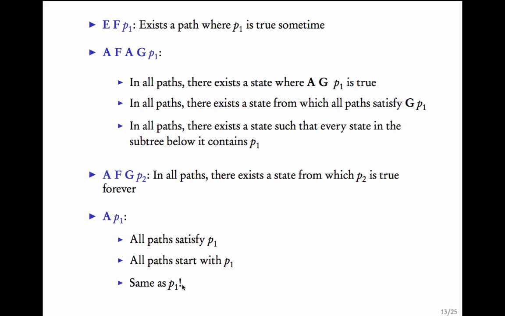And if you evaluate the state formula P1 on the tree, it means that you're evaluating it on the initial state. So A P1 is actually the same as P1. So these are some examples of the properties expressed using CTL star.